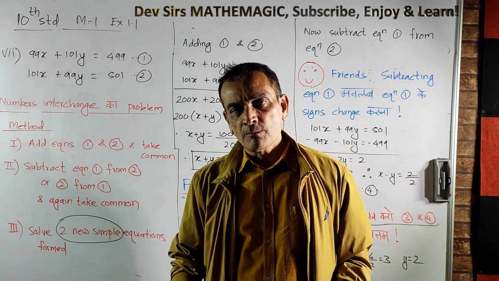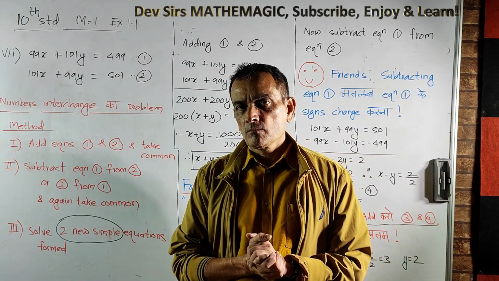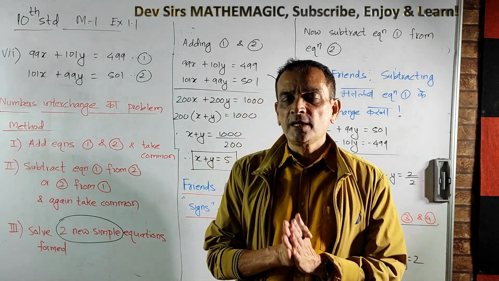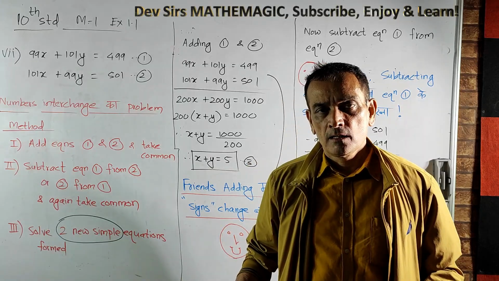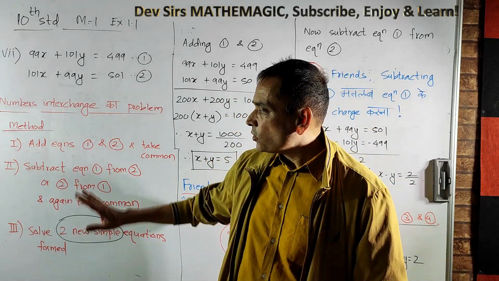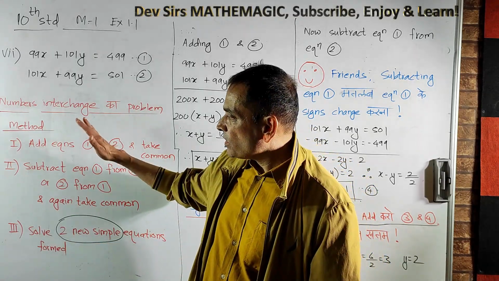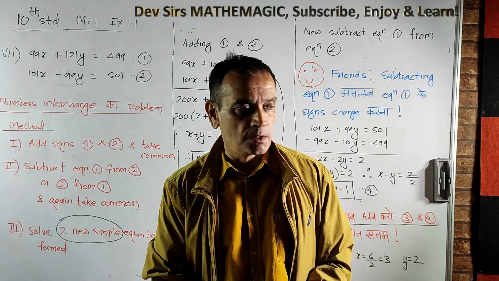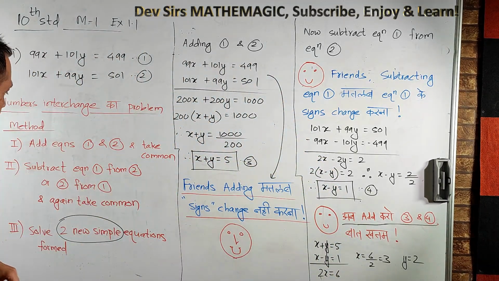Either you have to add them or subtract them. Okay? So this is what we are going to study today. Numbers interchange problem and numbers are big, right? But the method is interesting. If you follow this, it becomes simple. Since the number of steps are more, it is a 4 mark question. We'll go according to the method.